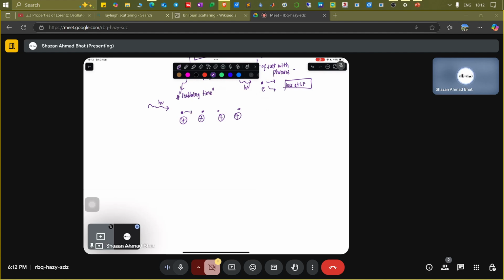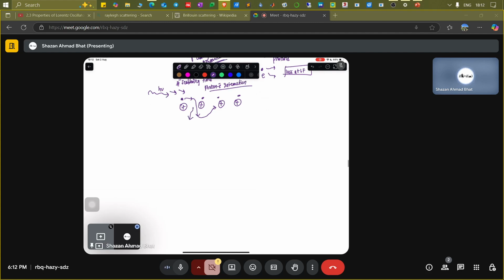Let's say the electron goes in this direction, scatters off the nucleus, and then goes in this direction, and another photon comes in. There will be all these photon electron interactions, and then this electron is going to have excess energy. Then there will be phonons also in the system. So there will be electron, phonon, photon interactions. These are complicated processes happening inside the metal.